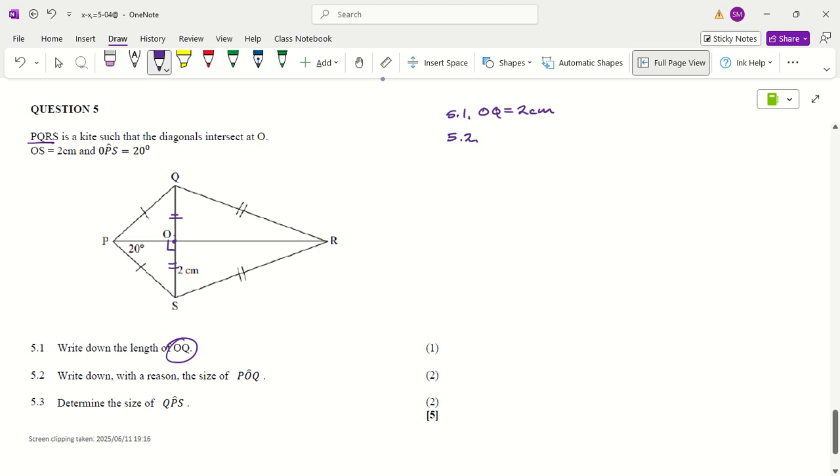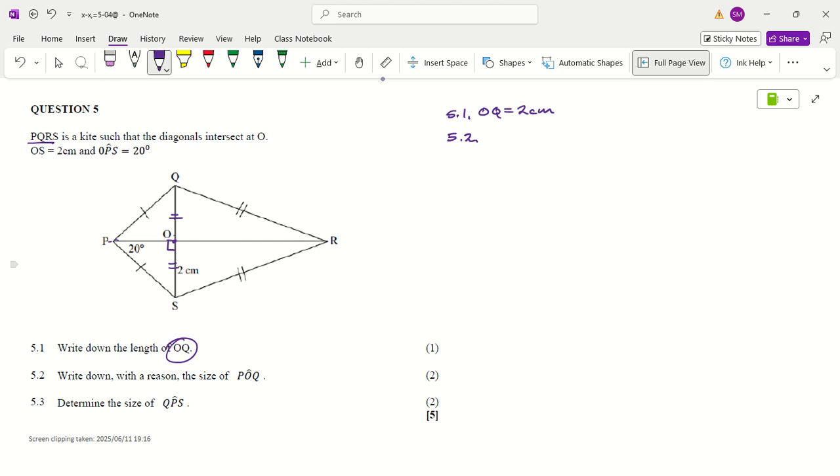5.2. Write down with reason the size of POQ. So from P to O to Q. So this angle over here. And in a kite, we know that, so this is POQ, right? Oh yes, it's not this angle here.